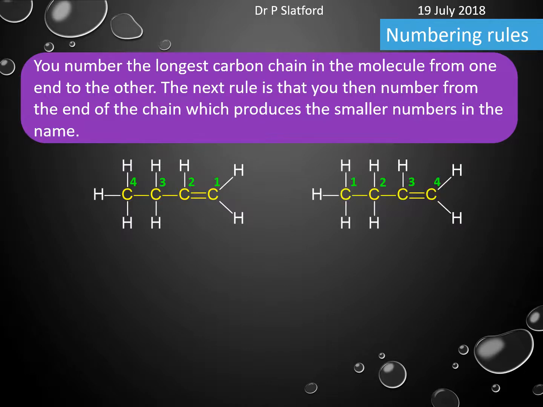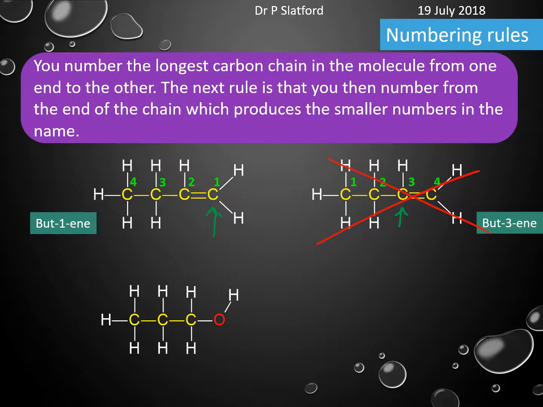But I could also number it the opposite way round. But if we follow the rules, then this one is but-1-ene, because my alkene starts on carbon number 1. But this is but-3-ene because it starts on carbon number 3. And this one is wrong.